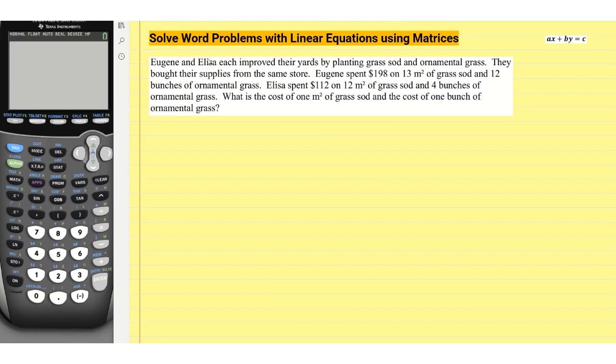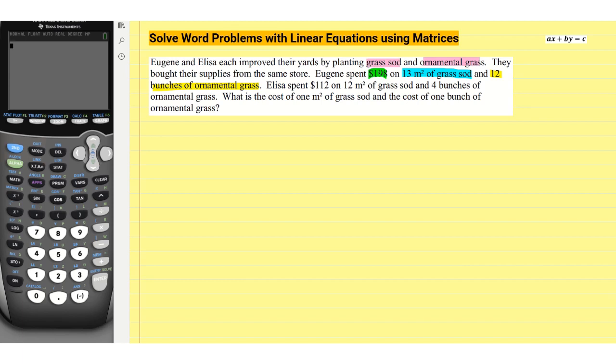It says Eugene and Elisa each improved their yards by planting grass sod and ornamental grass. They bought their supplies from the same store. Eugene spent $198 on 13 units of grass sod and 12 bunches of ornamental grass.